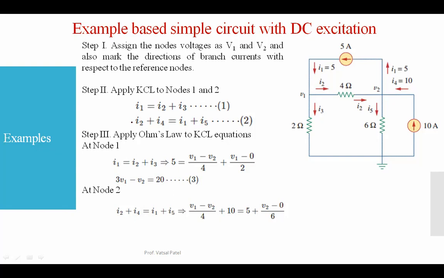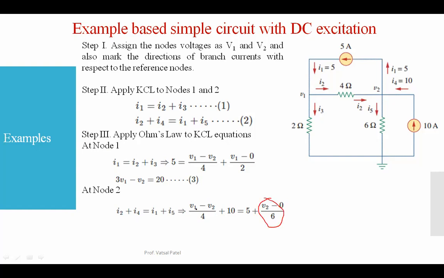So can you simplify this equation and tell me what will be the equation now? V1 minus V2 divided by 4 plus 10 is equal to 5 plus V2 by 6. So what is the equation now? Quickly tell me. You have a V2 on the other side of the equal sign, right? So it is V2 by 6.